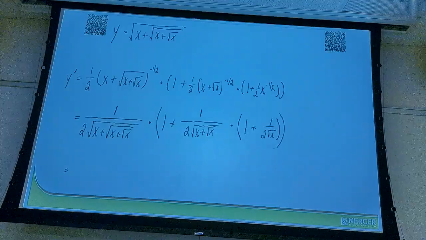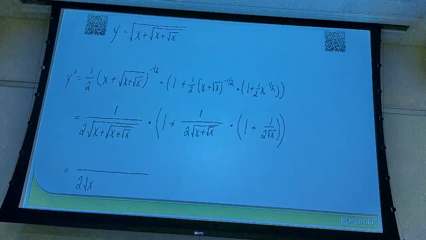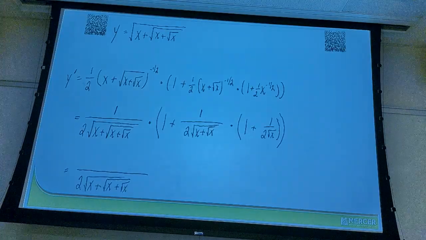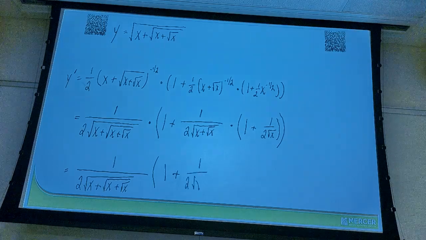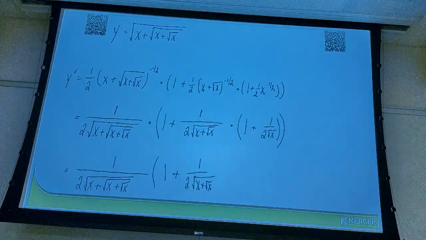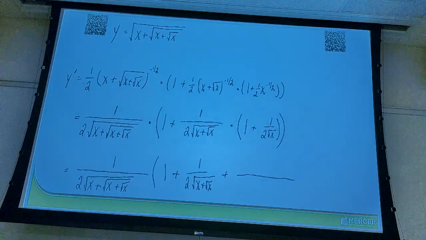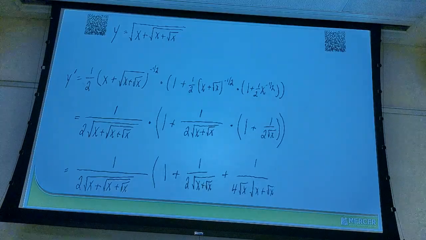Start with the inside. Distribute that through. We get what? 1 over 2 root x times root of x plus root x, plus, what is it, 1 over 4 root x times root of x plus root x.